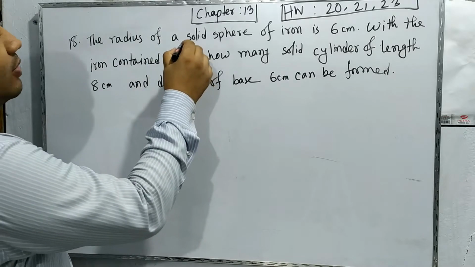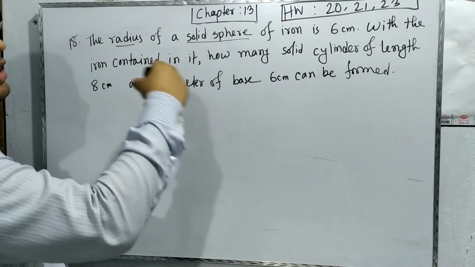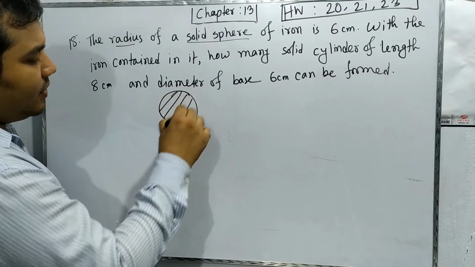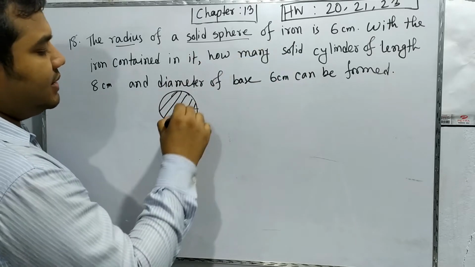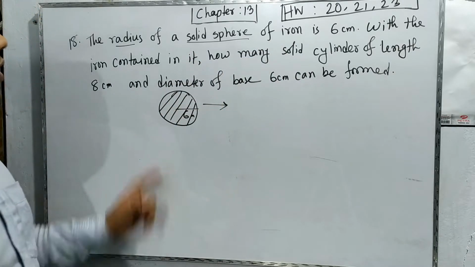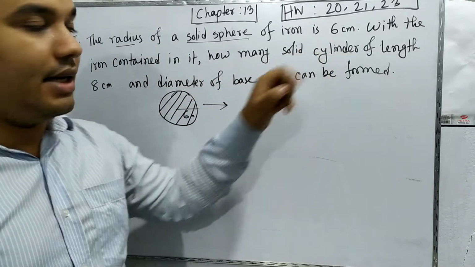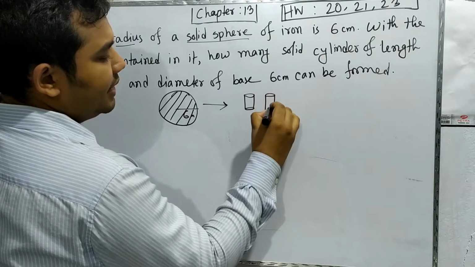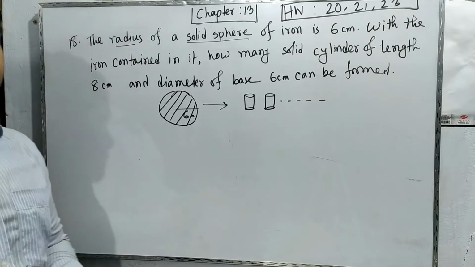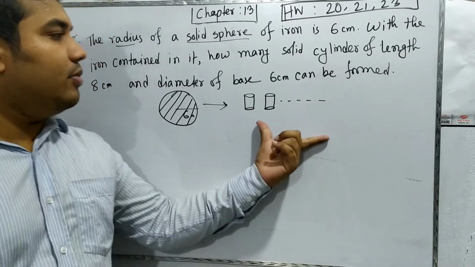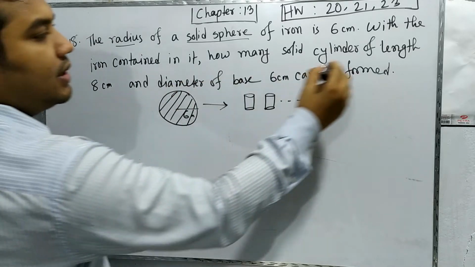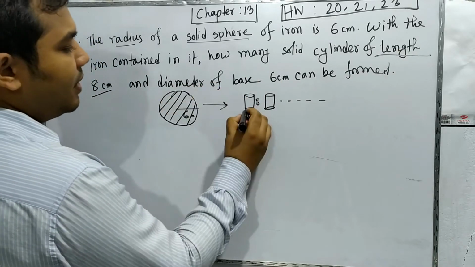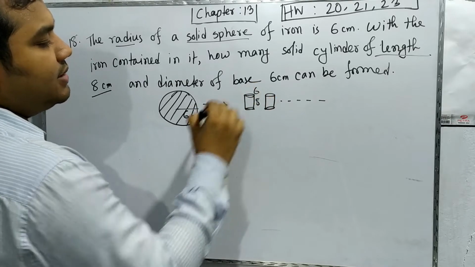It is about a solid sphere where the radius is given, 6 centimeter, and from this we have to make some cylinders. How many cylinders can be formed, where the length of the cylinder is 8 and the diameter of the circular part is 6.